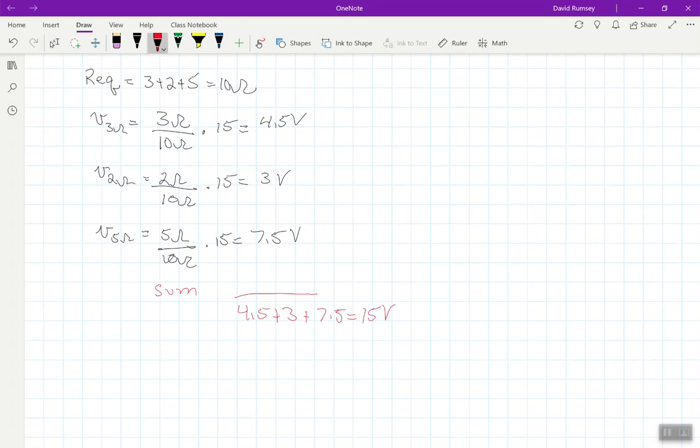There's one other thing we should take away from this, and it can help you sometimes so you don't make a silly mistake on a problem: the larger the resistor, the larger the voltage drop.